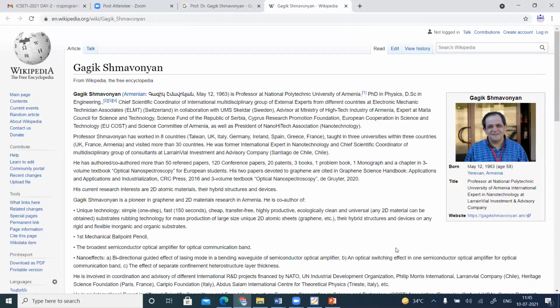He is involved in coordination and advisory of different national and international research and development projects. His most significant research awards are the Clean Tech Oscar Award at the UNAIDS Clean Tech Open Global Ideas Competition held in 2015 in the USA, and the ARPA Institute Invention Competition Awards held in 2019 and 2014 in the USA.